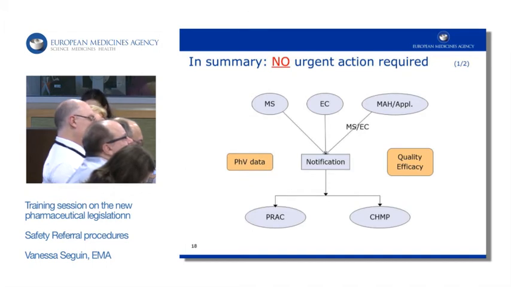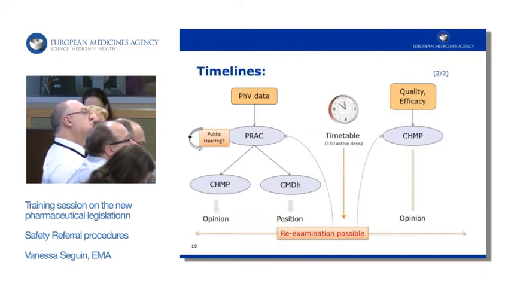If it triggers a referral based on pharmacovigilance data, it goes to PRAC, and if it triggers based on quality efficacy, it goes to CHMP. And then the PRAC will assess within the 150 active days timetable, may have a public hearing, and it will go to CHMP to reach an opinion, or to CMDH to reach a position.